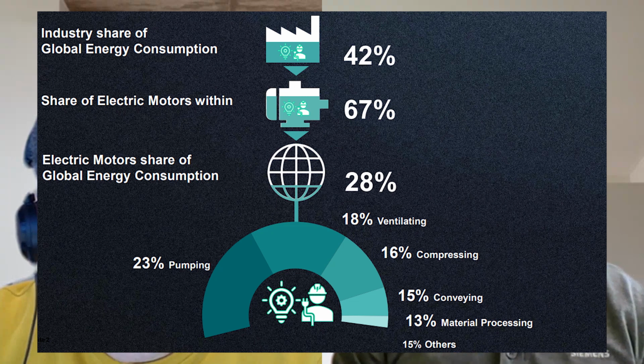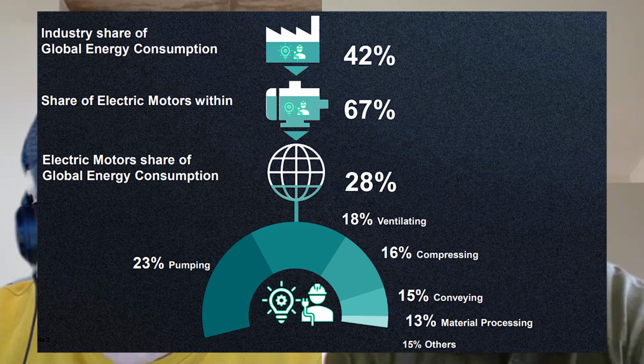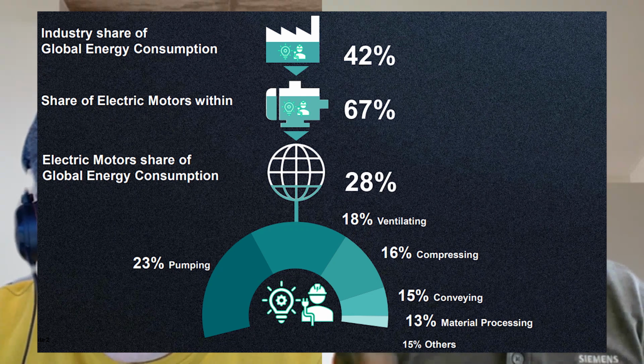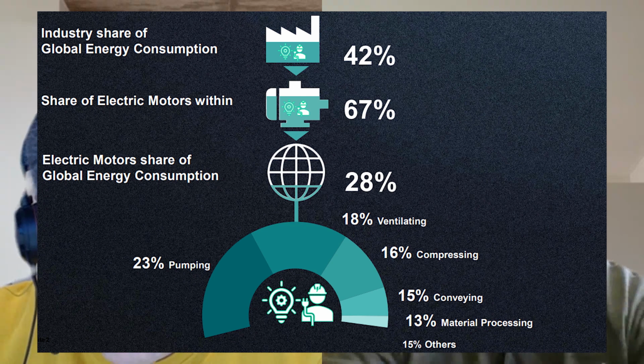Those five elements are pumping, ventilating, compressing, conveying, and processing applications. Each of those applications presents differing challenges, and there's a whole range of possible solutions you can have for those differing challenges.